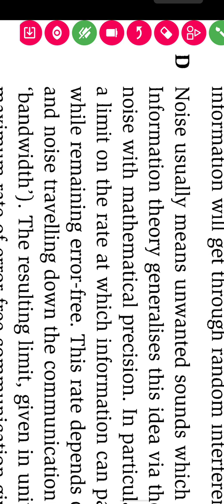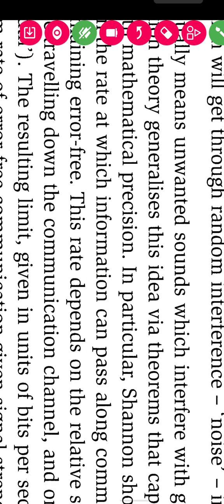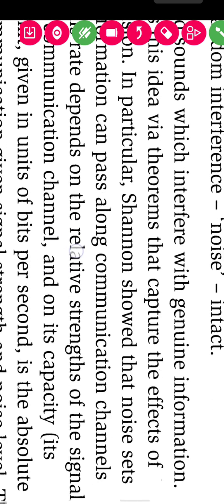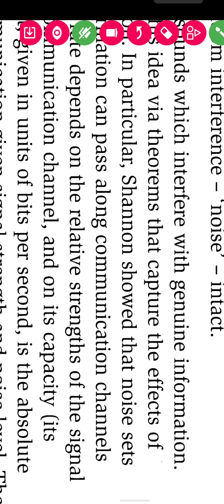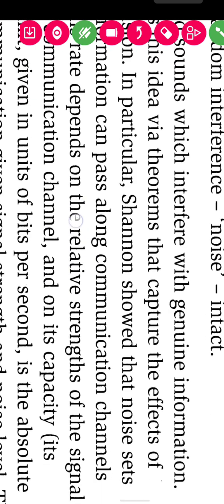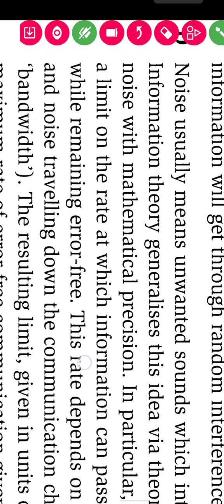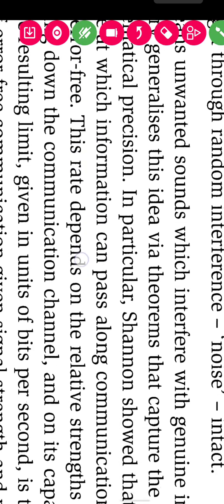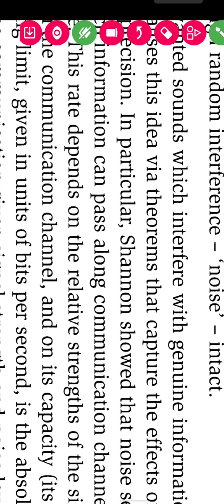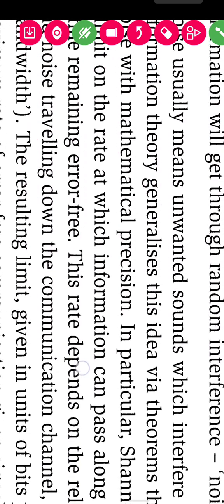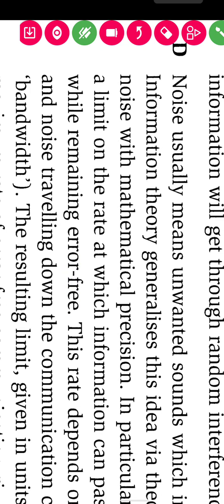Noise usually means unwanted sound. So noise is what? Unwanted sound. It can come at any time without any information and interferes with genuine information. Okay, sometimes the noise interferes with the genuine information. Information theory generalizes this idea via theorems that capture the effect of noise with mathematical precision.